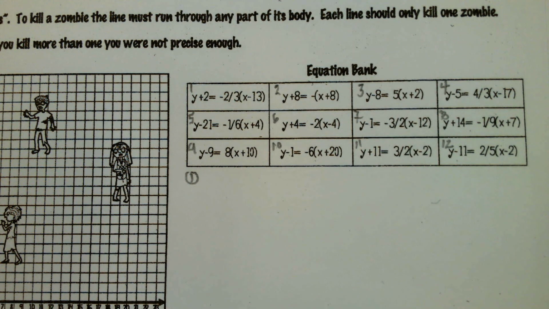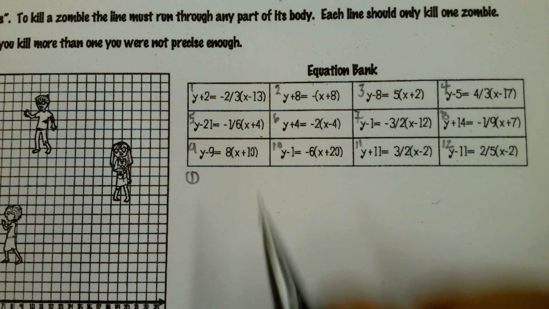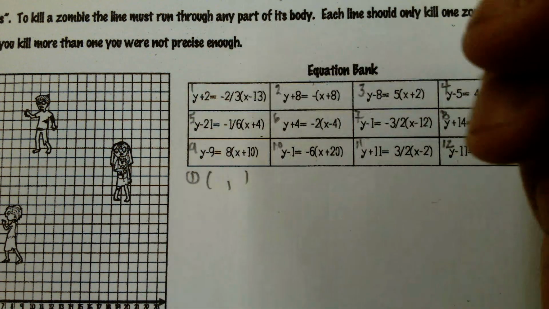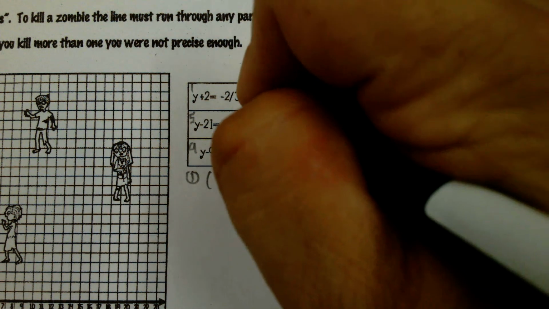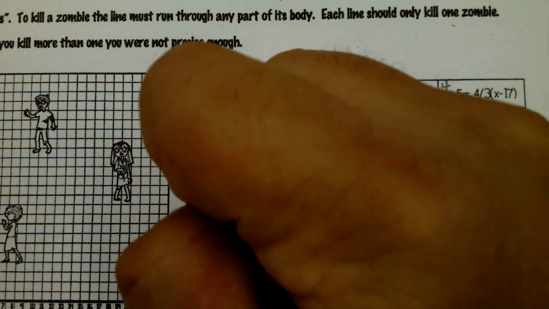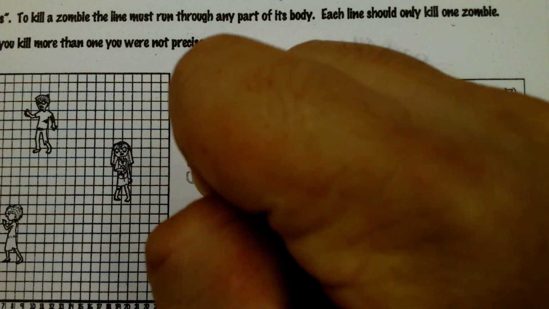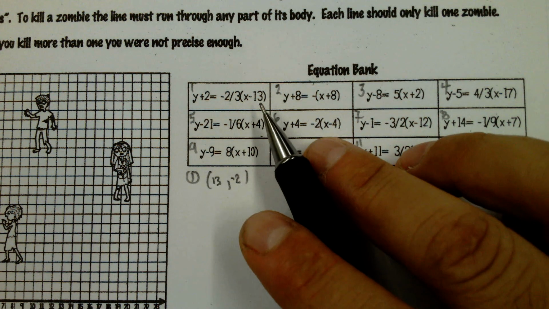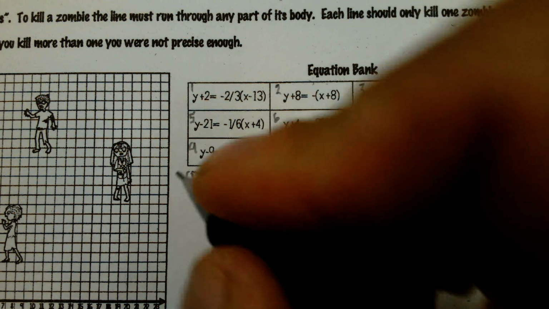We're going to pull out the point and the slope here. So let's see. We want the xy coordinates of that point, and they're going to be positive 13, negative 2. Okay? So you've got 13, negative 2.